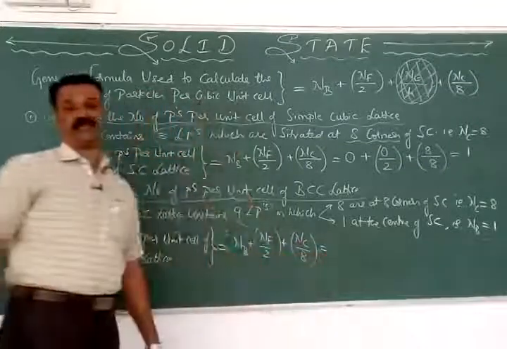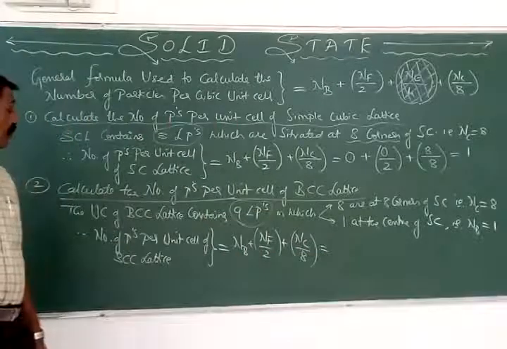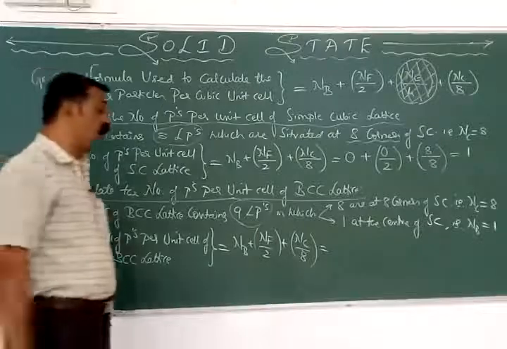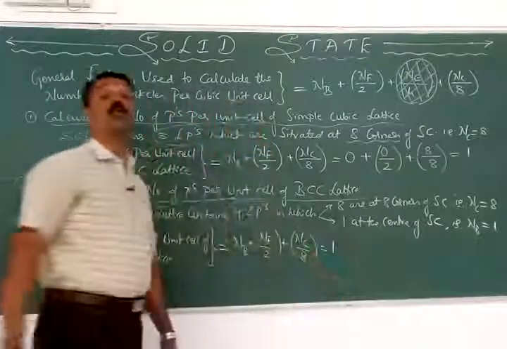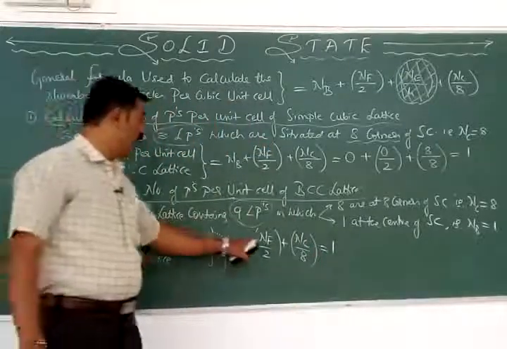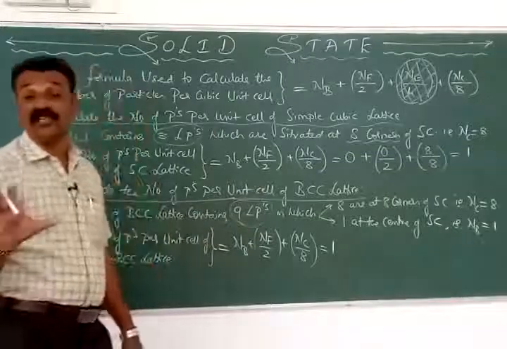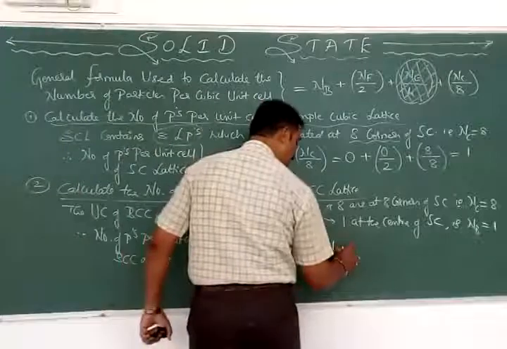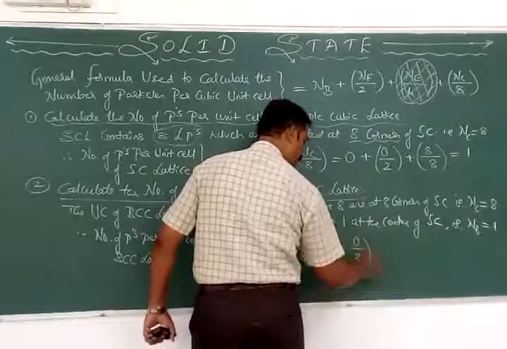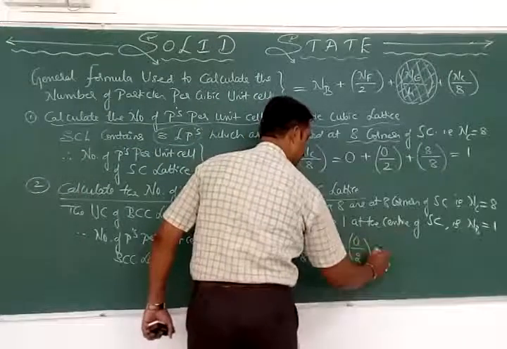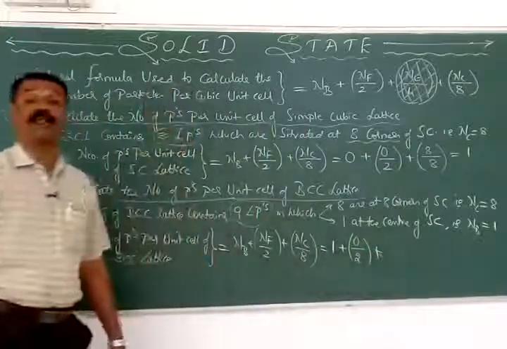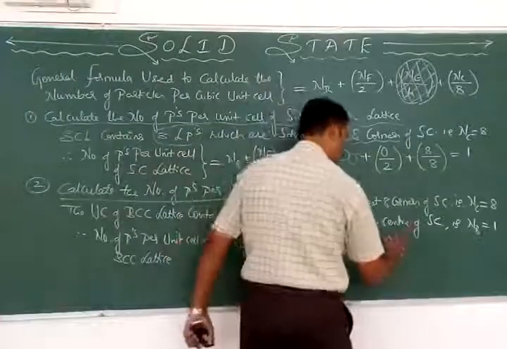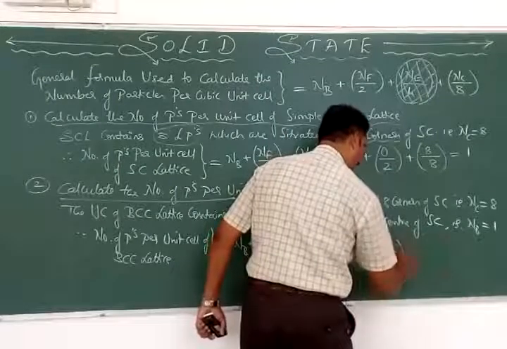Now, NB, the number of body-centered particles, is 1, because a body-centered particle is always equal to 1. Plus NF: as it is body-centered, there are no face-centered particles here. Therefore, NF is equal to 0 divided by 2. Plus NC, the number of corner particles, which is 8. Therefore, NC is equal to 8 divided by 8.